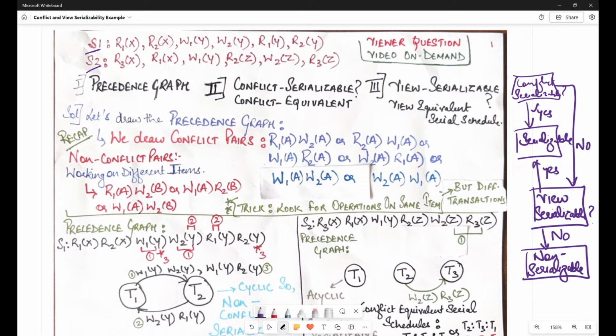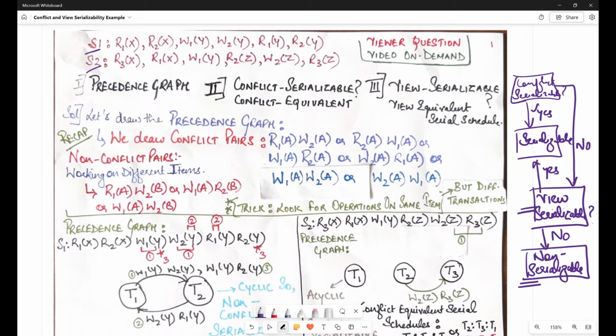An important point to note over here is that if while checking conflict serializability, we get to know that it is non-conflict serializable, that there is a cycle in it, we cannot directly say that it is non-serializable. Non-serializability you can say only after you have checked for view serializability.